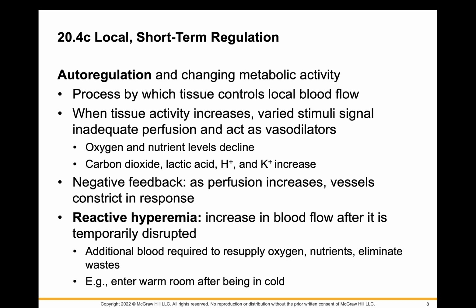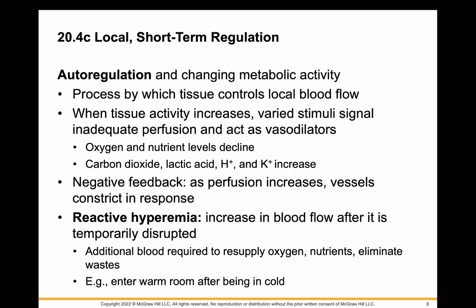An example of this would be entering a warm room after being in the cold. A much simpler way to see this: press on your nail beds. When you press on your nail beds, you'll actually see the pressure, okay? And as soon as you release that fingernail, you'll notice that the color changes. So there is a local increase in flow to that particular area to make up for the amount of time where it did not receive any blood.